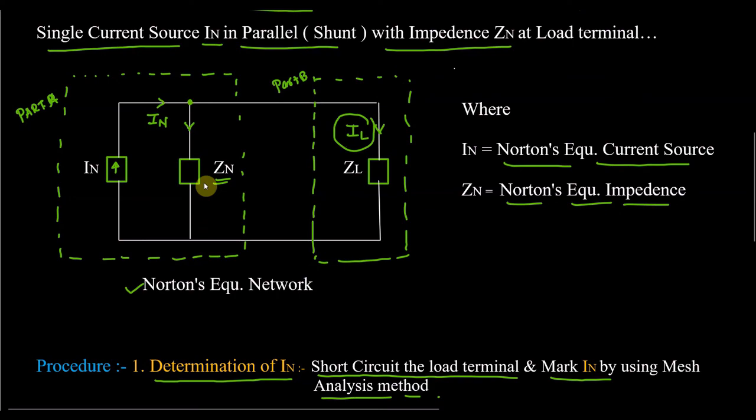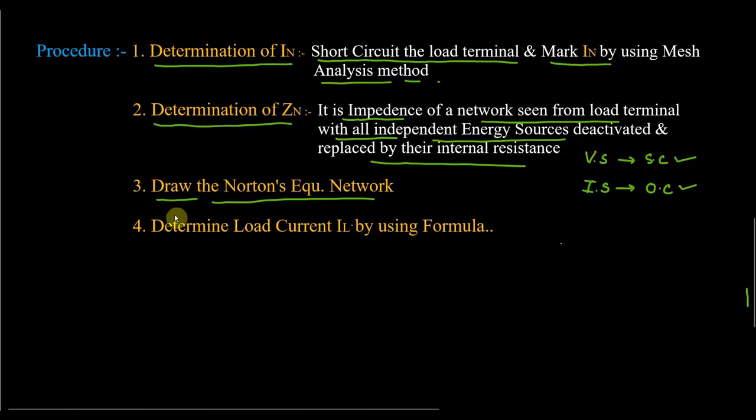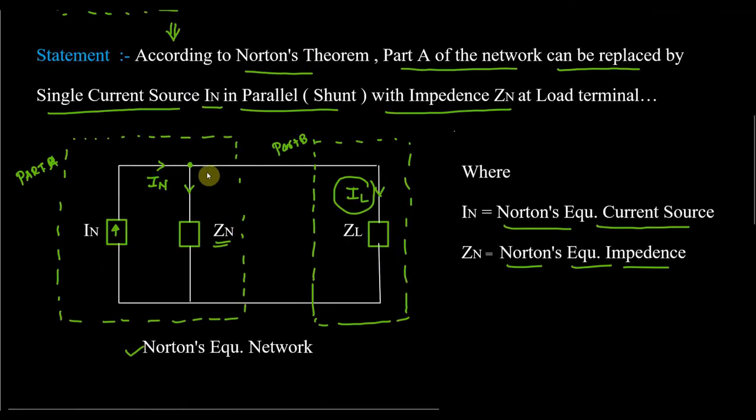That current IL can be found by a formula, and for that I will use the current division formula. According to the current division formula, IL is equal to the total current, that is IN, multiplied by the opposite side impedance from where you are calculating the current. You are calculating the current through ZL, so the opposite side impedance is Zn.